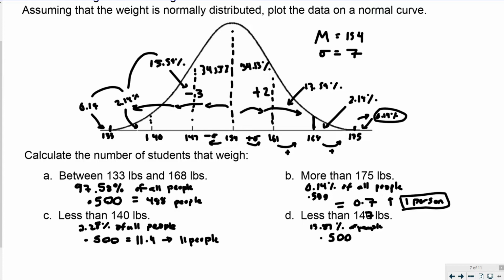And when I do, I get 79.4, which I would keep as 79 people. So 79 people of my 500 were below 147. I know that seems confusing, but as long as you remember those numbers, the 0.14, 2.14, 13.59, 34.13, all the way up both ways, this should be no problem.